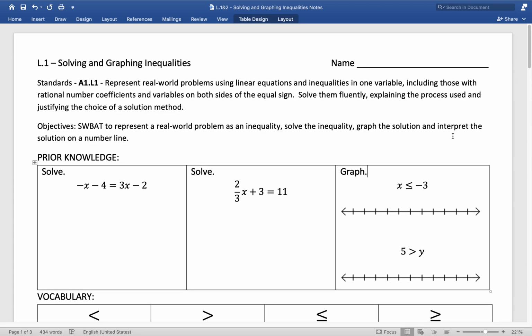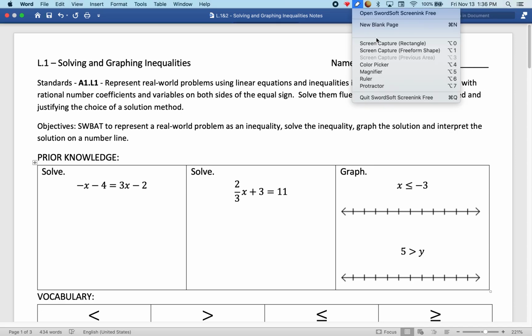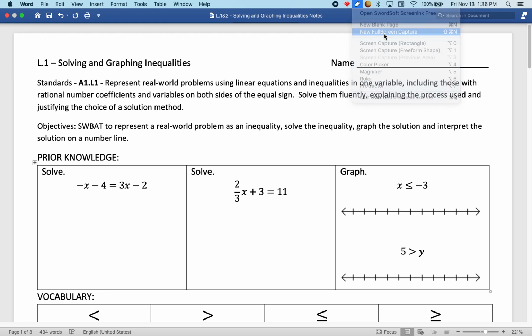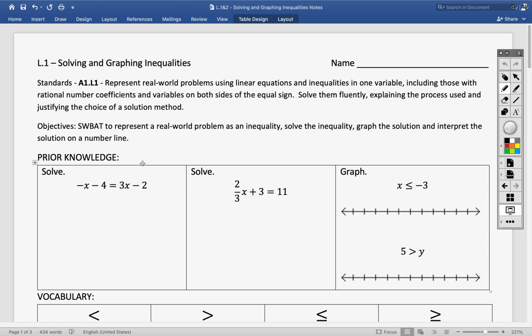So let's get started. Some prior knowledge that we have going on in this: if I asked you to solve this, all of you should be able to solve this. As a quick reminder on how you solve this, you should have remembered D, C, V, which means distribute.